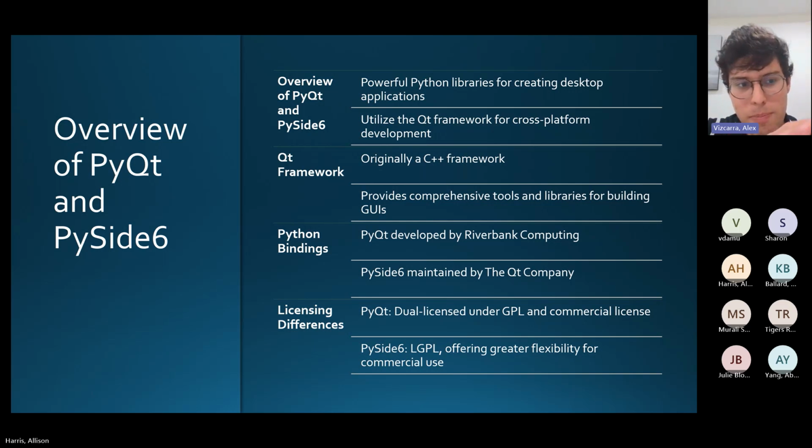So PySide6 and PyQt both come from this C++ framework called Qt. And Qt has this extensive set of features that are quite easy to use. They simplify GUI making a bit, rather than having the model view controller architecture that we will mention later on, they simplify it into a model view system where you have the data and the actual GUI kind of separated.